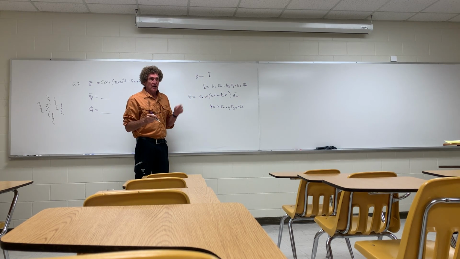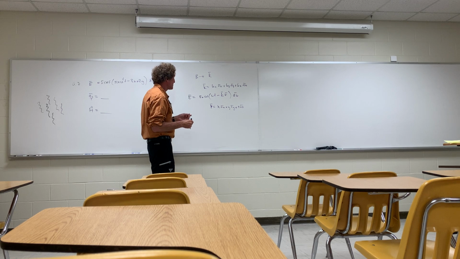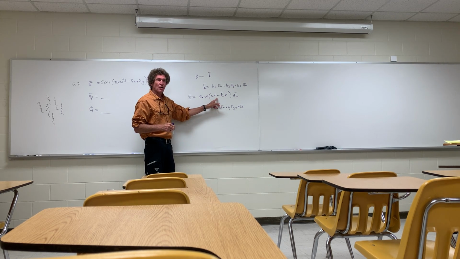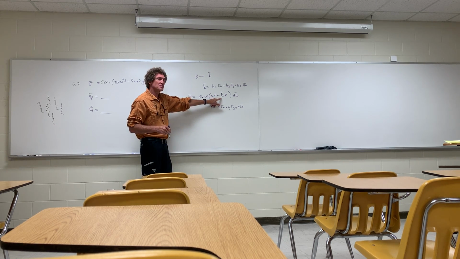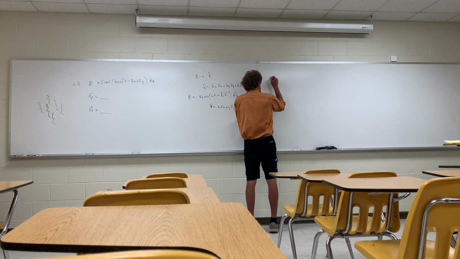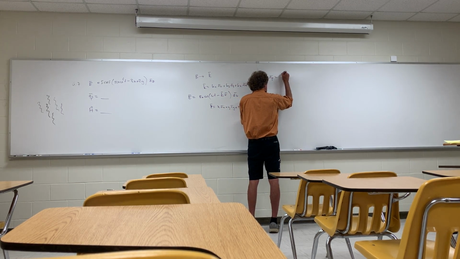Now, if you take a look at this, when you do the dot product, this is a wave propagating in the k direction. Once we find the components of k, a unit vector in the direction of propagation is simply the k vector divided by the magnitude of k.